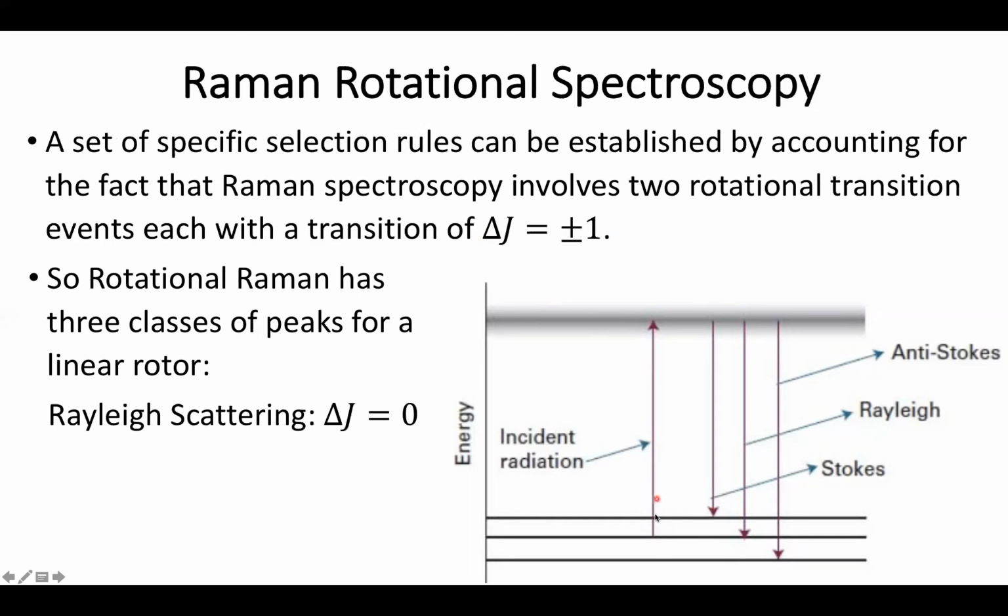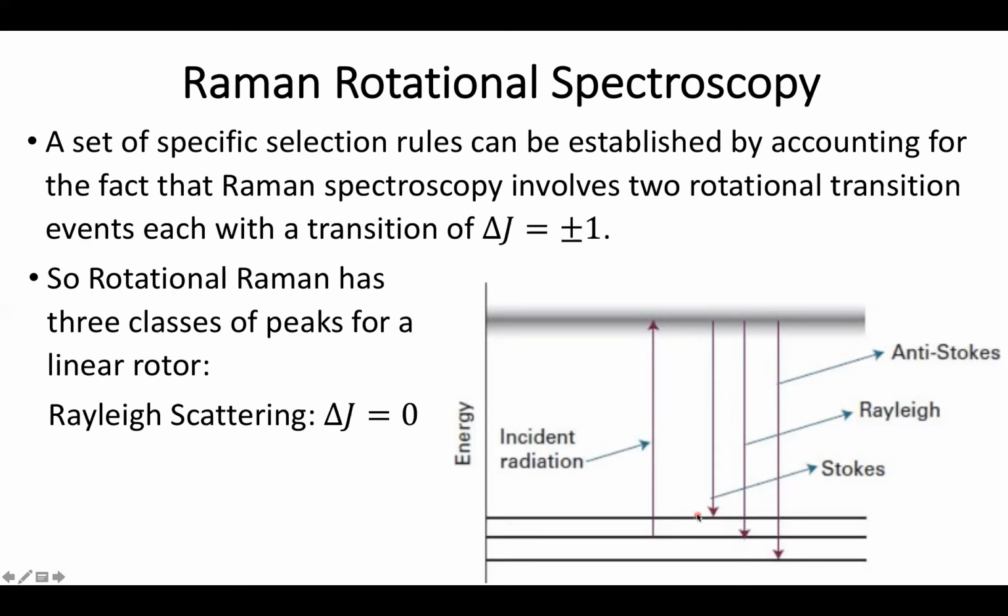For Rayleigh scattering, I'll have an example like that: an increase and then a decrease in rotational levels, or a decrease then an increase. So essentially I've got one of each, and they cancel out, and I get my traditional Rayleigh scattering and really no change in the rotational state.